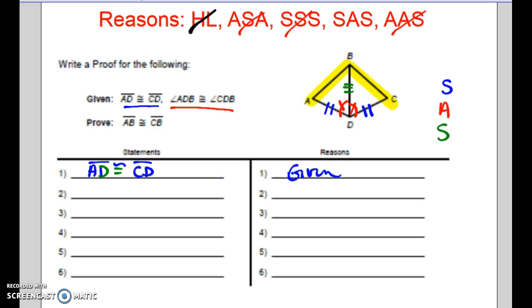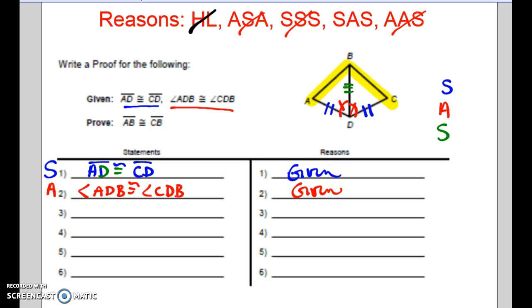That's one of my sides. And then the next thing I'm going to list is my angle that was in my given: angle ADB is congruent to angle CDB, and the reason is given.